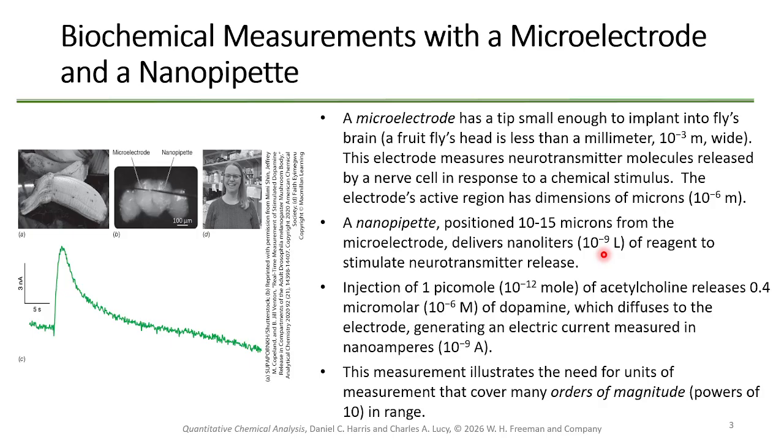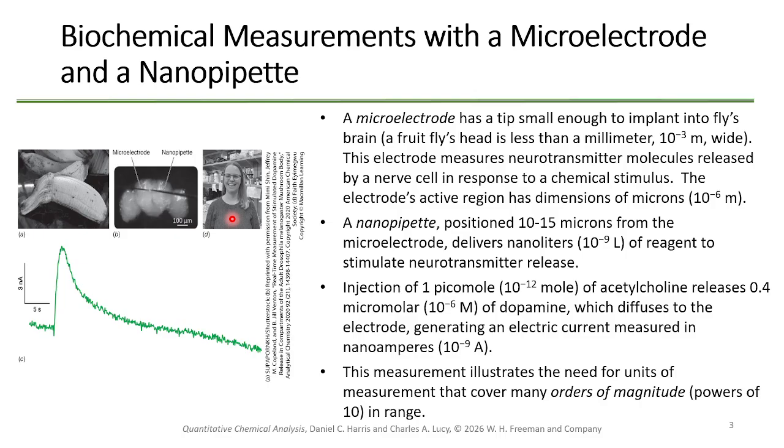Okay, so like biochemical measurements with a microelectrode and a nanopipette. I don't know if you guys have ever seen these things, but anyways. A microelectrode is going to have a tip that's small enough to implant in a fruit fly's brain. That's less than a millimeter, so pretty small.